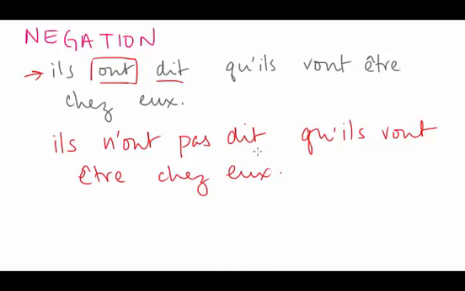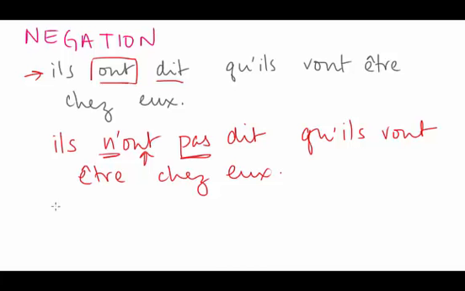They did not say that they would be at their house. So that's basically it. You stick the ne and the pas around the avoir, and voila, you have a negative sentence. So let's do one more easy example of negation, and then we're done.